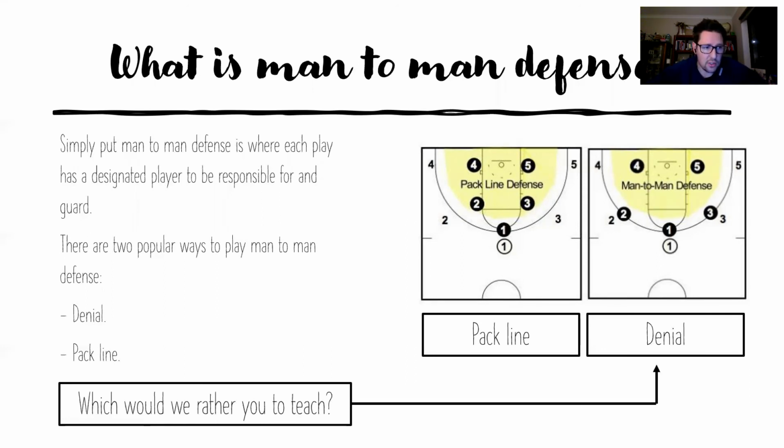And as a coach, I like denial. I like full court pressure because mainly it tires your players out. The one thing that kids hate doing is coming off the court. They hate when they get that sub called, but if you are playing up-tempo defense and they're getting tired and they've always got this pressure way of playing, they're going to fatigue and want to come off, which means rotating players becomes a lot easier.